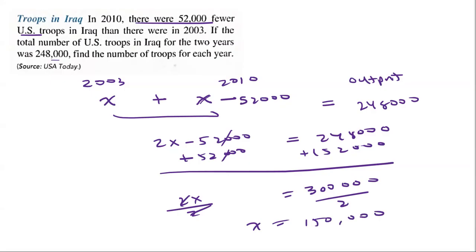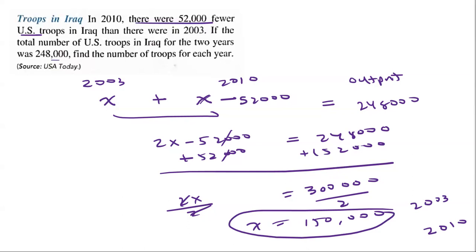So for 2003, this is the 2003 number, we had 150,000 troops. And in 2010, we take the 150,000 and subtract 52,000, because X is this here.